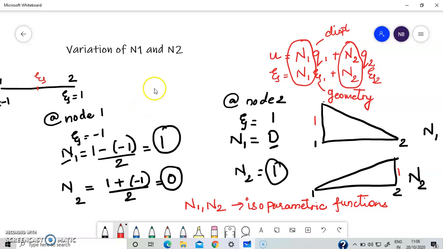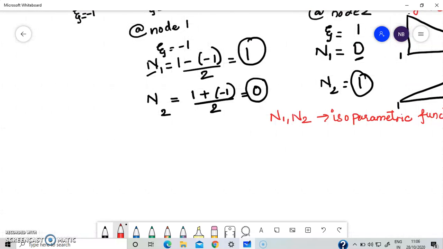Next, we will see the relation between the Cartesian coordinate and the natural coordinate. So we have nodes 1 and 2. The coordinate at 1 is x1 and at 2 it is x2.